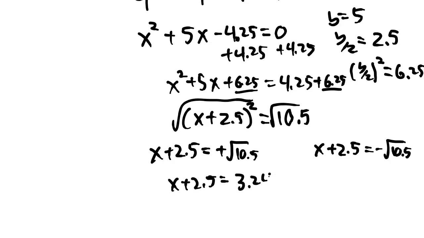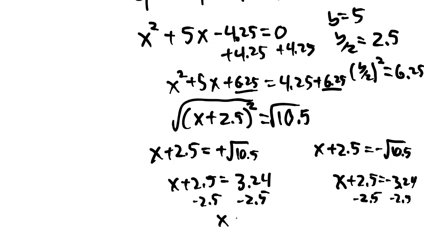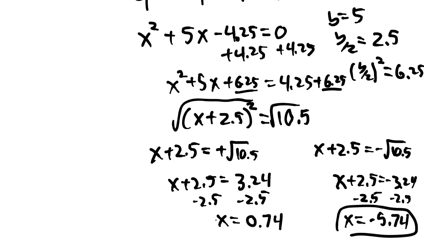So either x plus 2.5 equals positive 3.24 or x plus 2.5 equals negative 3.24, minus your 2.5. And what do we got? Our two solutions then are 0.74 or negative 5.74. Boom. So those are our decimal answers.